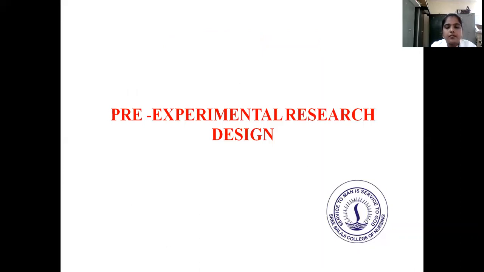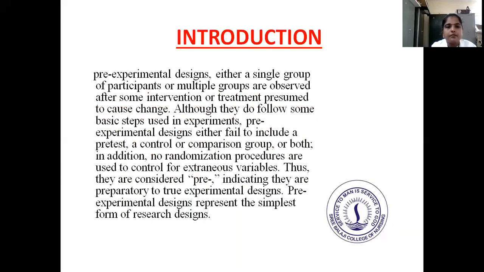Next, we move on to the third type, pre-experimental research design. Let me see the introduction to pre-experimental research design. In pre-experimental design, either a single group of participants or multiple groups are observed after some intervention or treatment presumed to cause change.